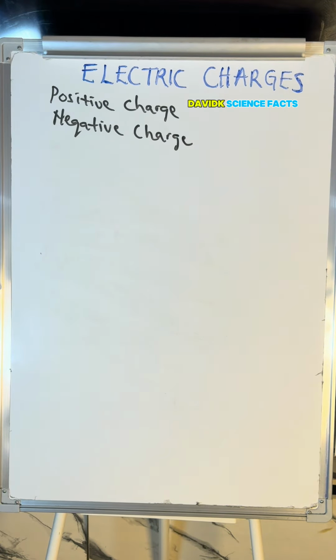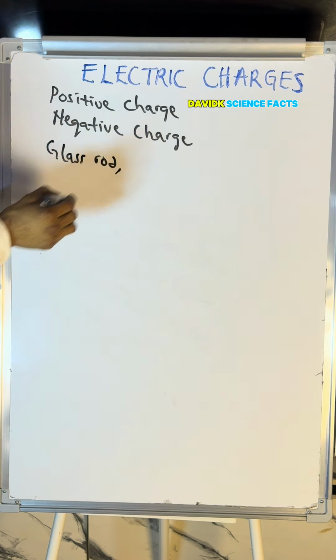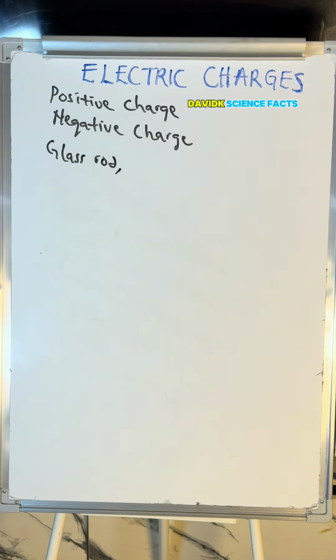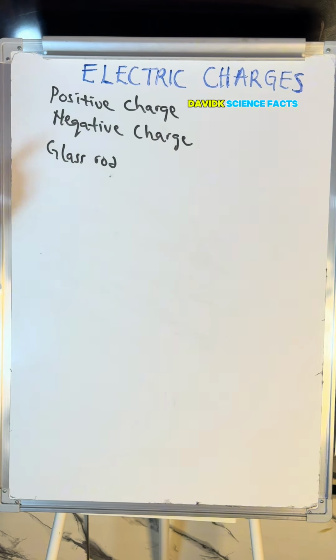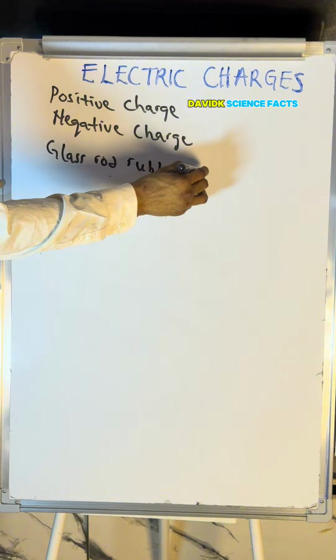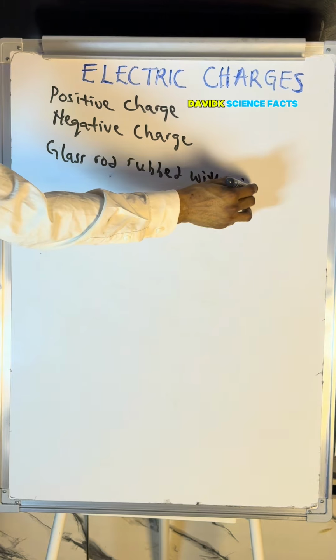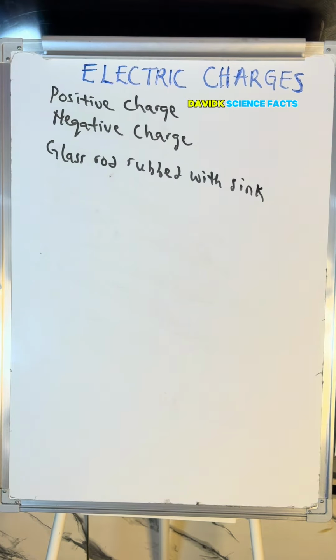Now for positive charge, an example is glass rod. Glass rod rubbed with zinc is an example of positive charge.